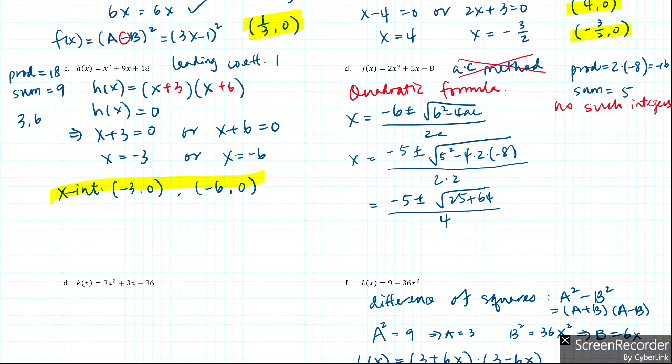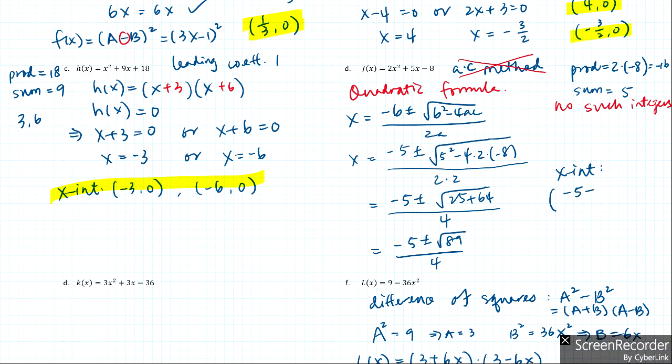So 25 plus 64 will be 89, and we're going to just leave it as the square root of 89 because it is a prime number. And it's fine, our number is messy. Good thing is we don't have to graph this. So to list the x-intercepts, we're just going to use these two values.